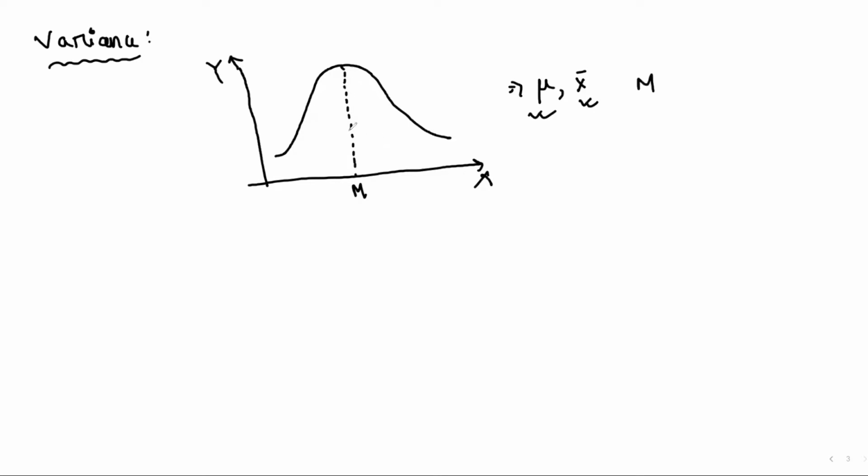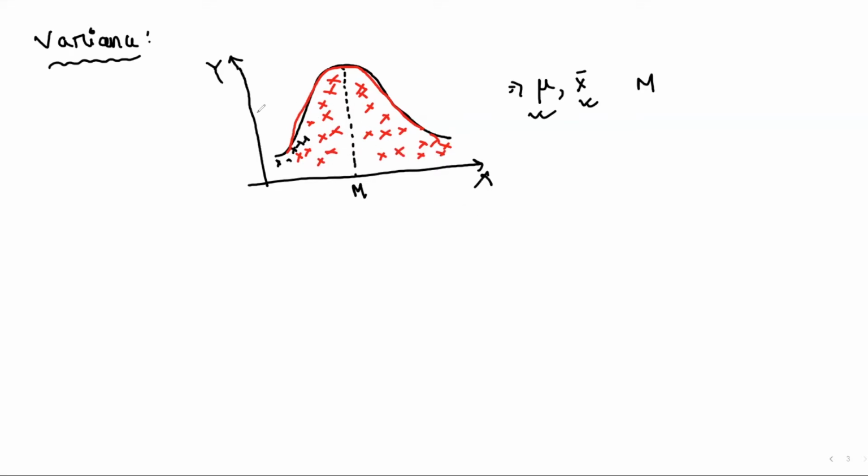So this is the mean of this data. These are various data points, and this is a particular curve that we have drawn out of these data points. Let's say there is data over here, here, here, and here.